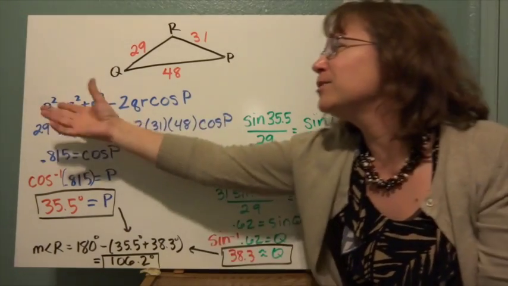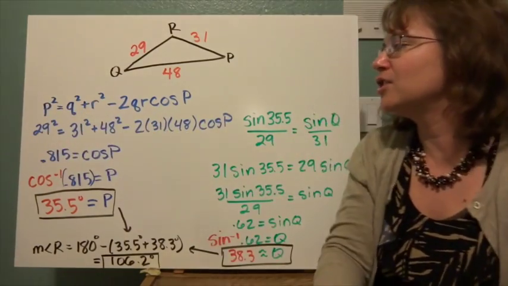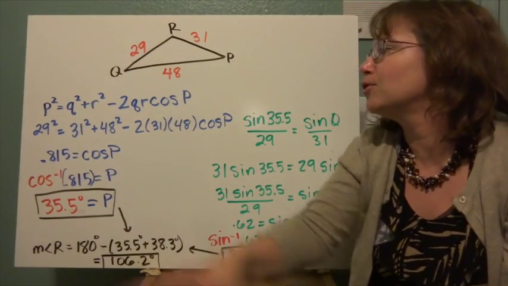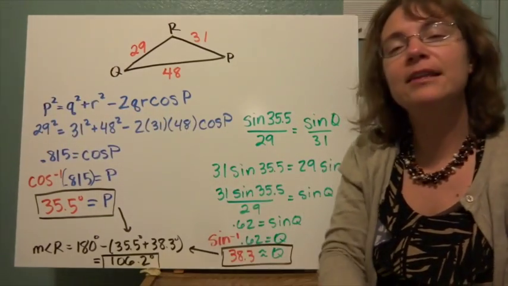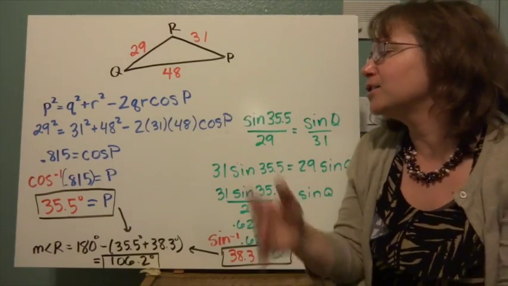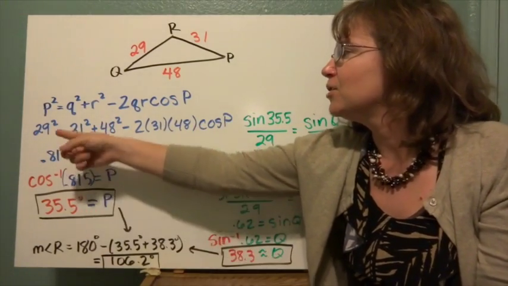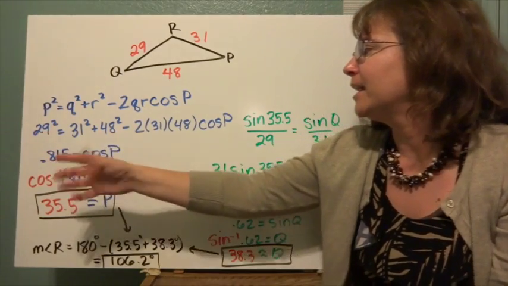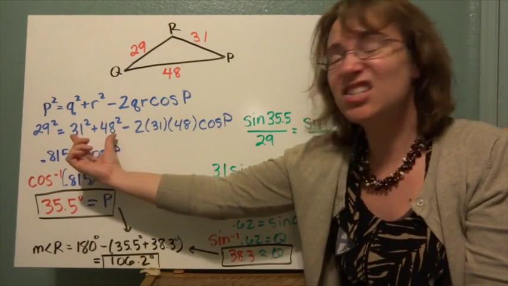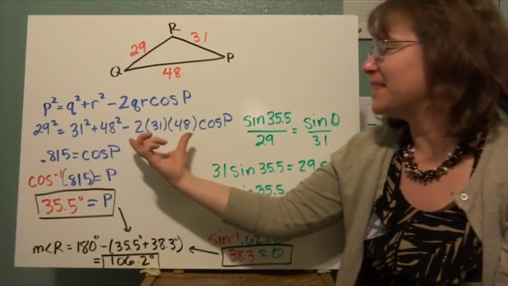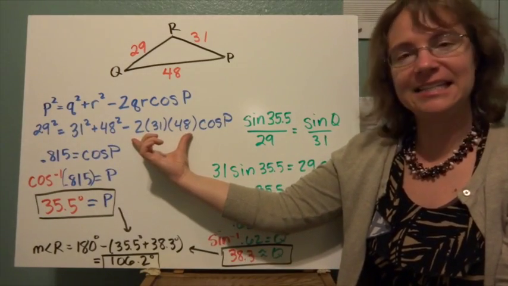And I could have used any of these to start out. I just chose P randomly. You could have chosen R and rewritten this in terms of R squared. I just chose P. And so then doing all of this calculation, so I'm squaring 29, I'm subtracting this stuff from 29, and then I'm dividing by this.